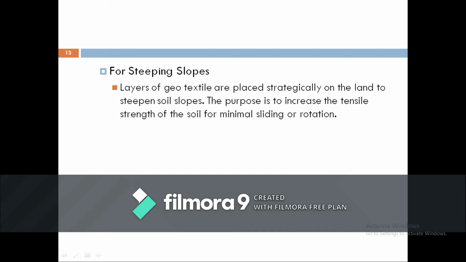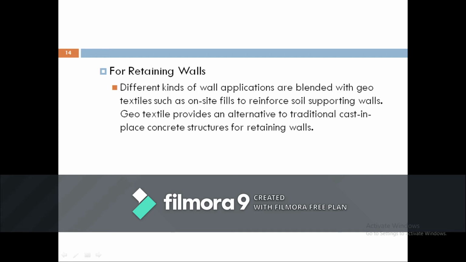So for steepening slopes, we are going to use geotextile layers so that the required tensile strength is obtained and sliding is also minimized. So that is your second thing.